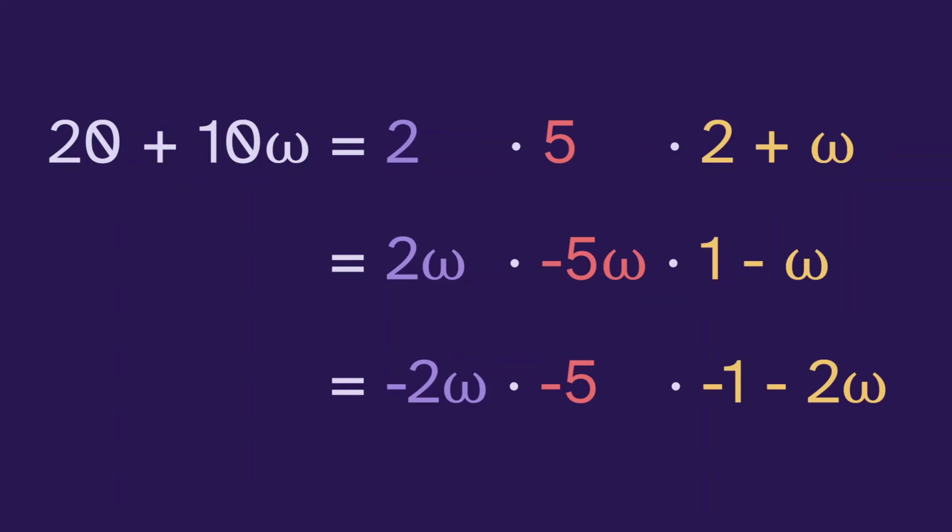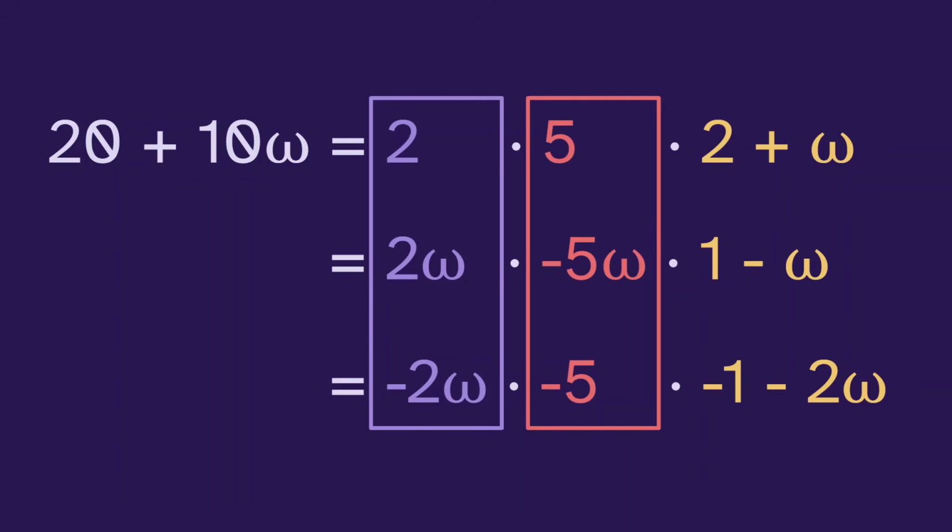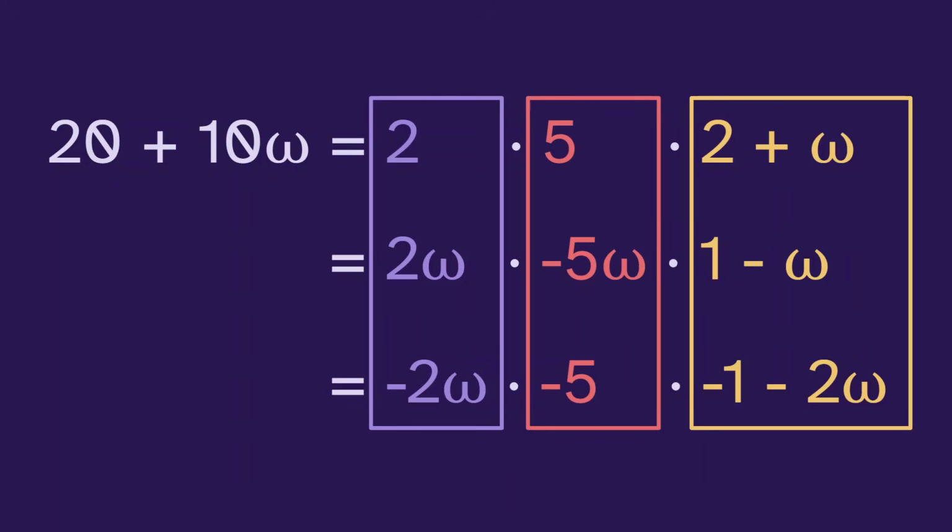So we don't exactly have unique prime factorization, but all of these purple numbers are associates of each other, and so are all of the red, and so are all of the yellow. So if we group associates together, we do get unique factorization.